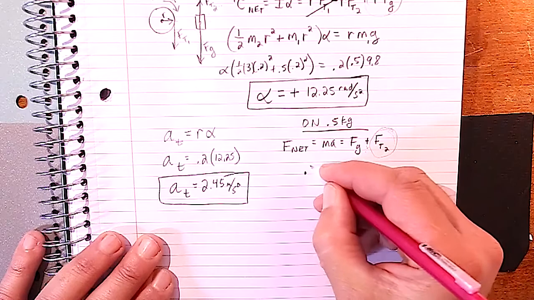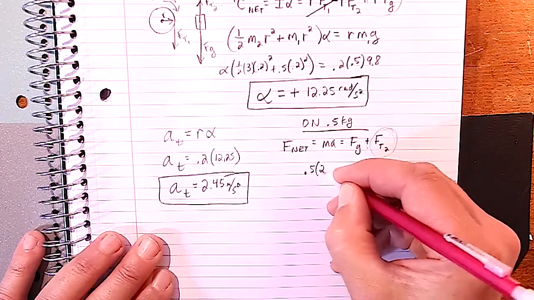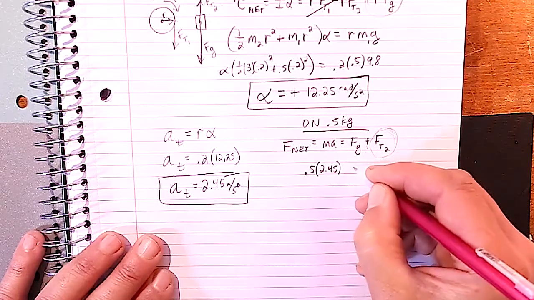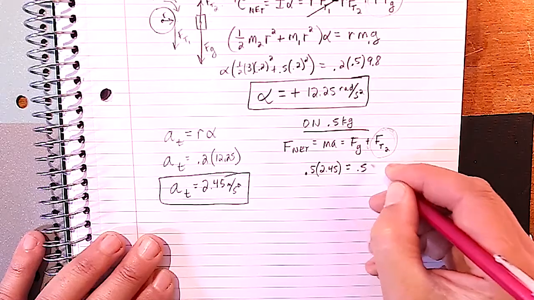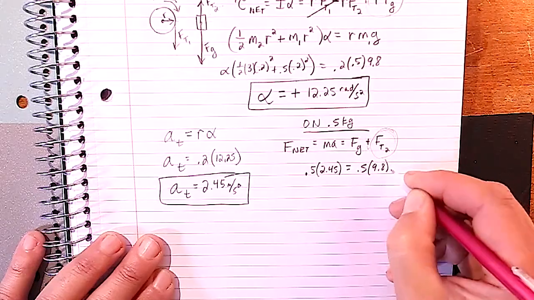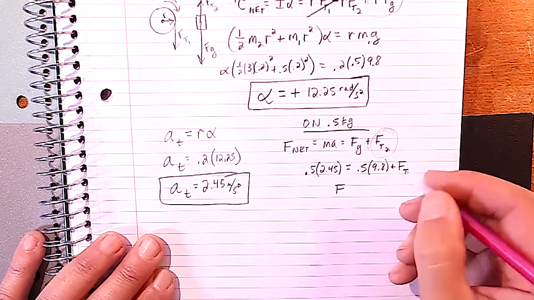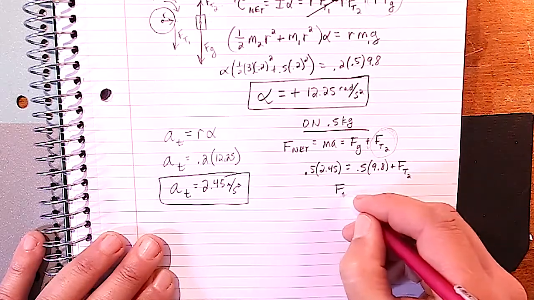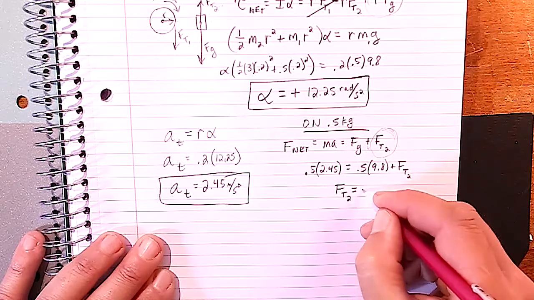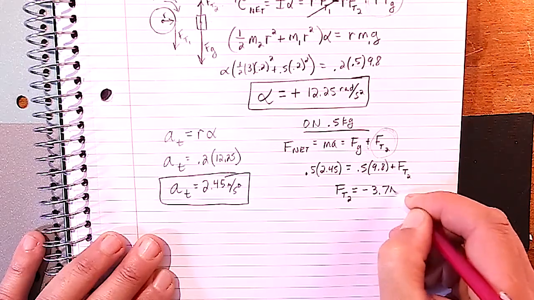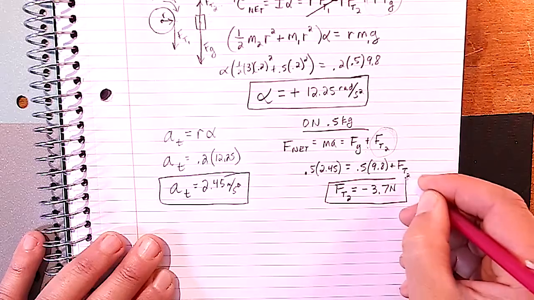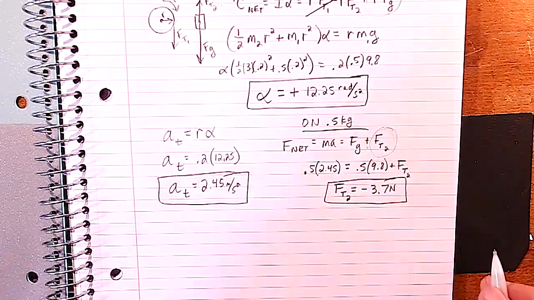So we have 0.5 times the linear acceleration, 2.45, equals 0.5 times 9.8, and we add our Ft2, and as we expected, our Ft2 comes out to negative 3.7 newtons, which means that it's acting up in our system.